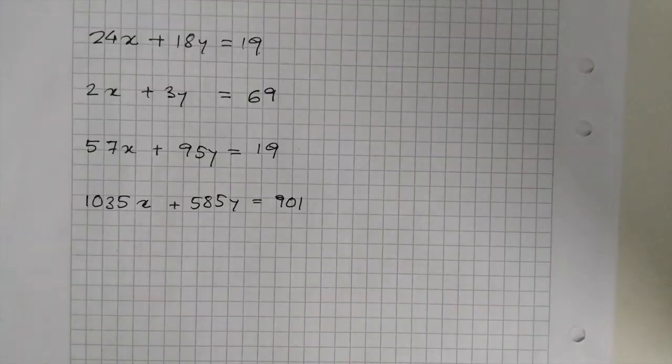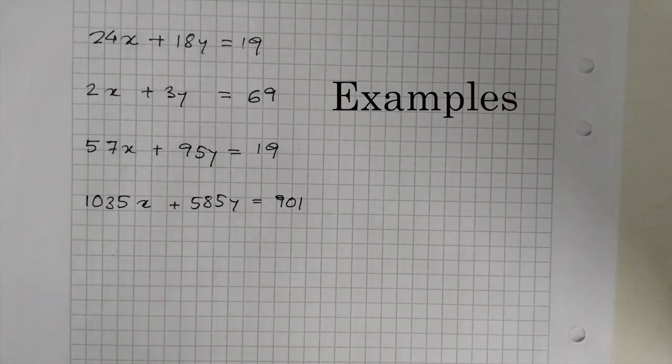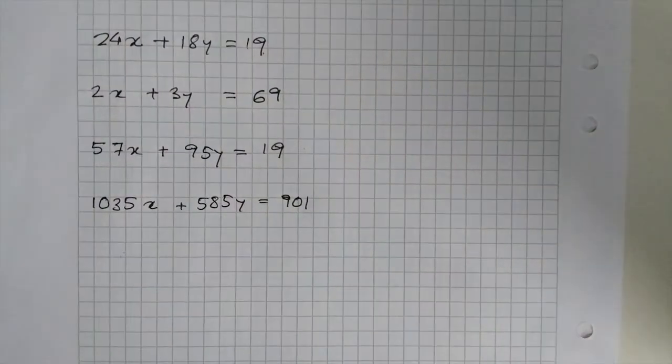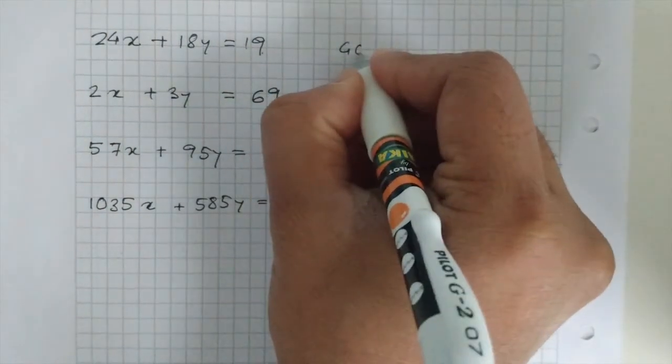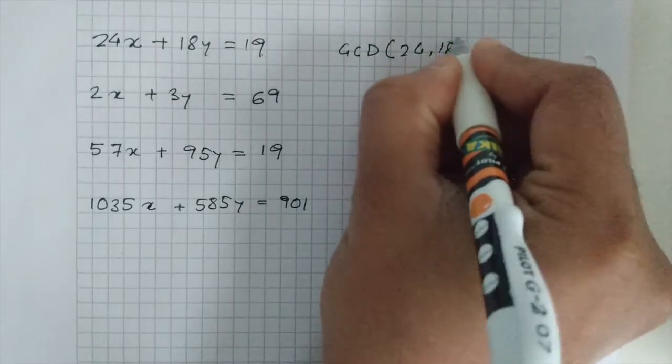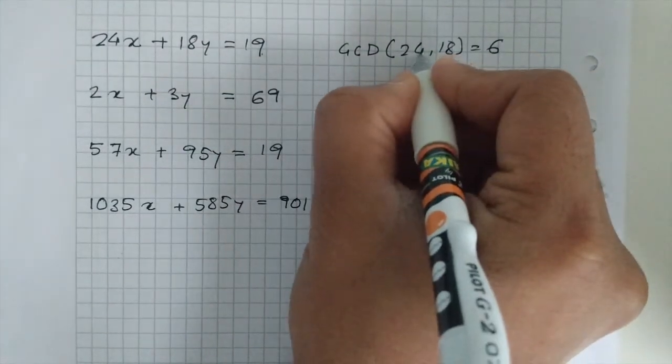Alright, now here I have some equations, and we want to check if they are feasible, that is, if we can get integer solutions for both x and y. The first thing is that we must check the GCD. The GCD of 24 and 18 is 6.